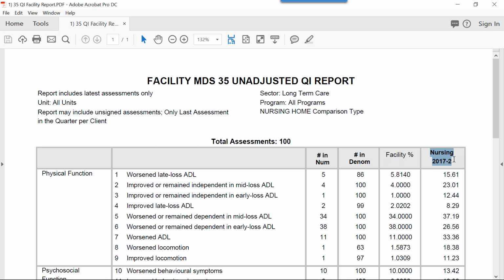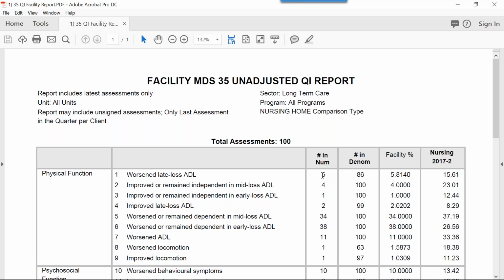All right. So you know that late loss ADLs, which are bed mobility, eating, toileting, and transfer, are a very important quality indicator. And you can see here we're looking at anyone who's had a decline in those 4 factors over that 3-month period.